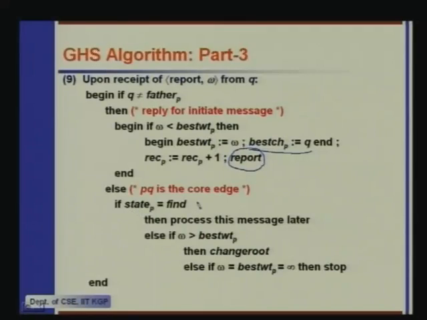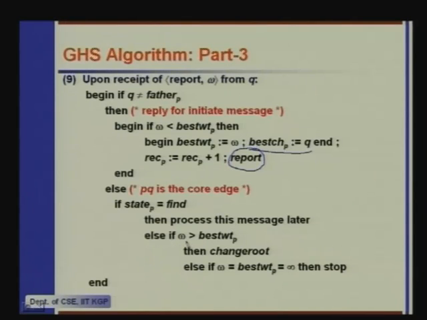Not yet, until its own subtree has completed, and that is indicated by the state. When a node and its subtree are done, then we change the state P to found, remember. So, if it is still find, then P's subtree evaluation is not yet complete, and we process this message later.